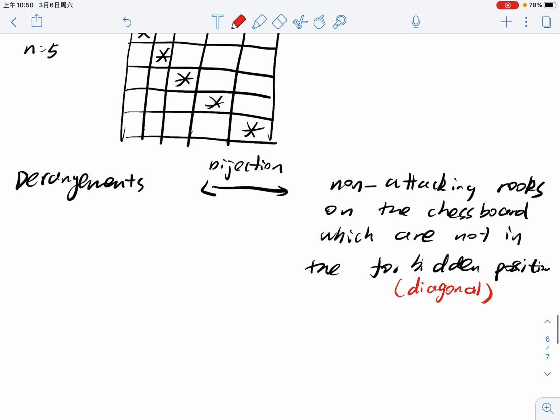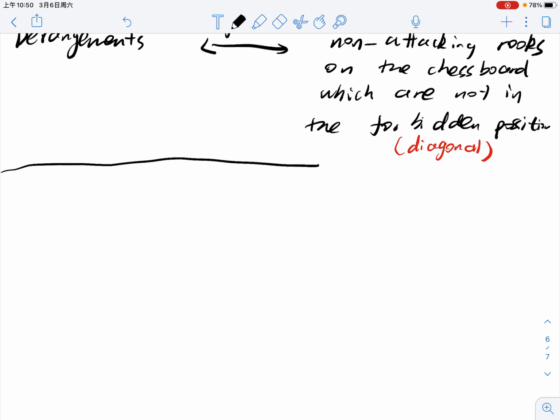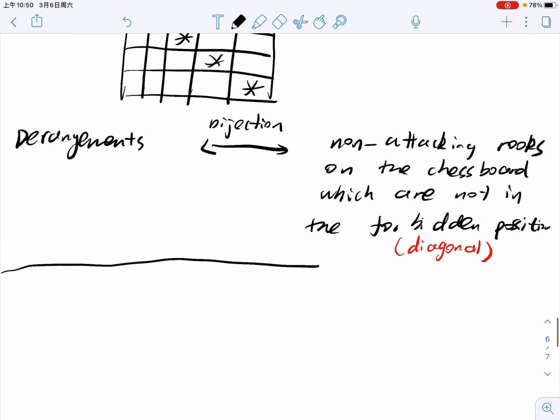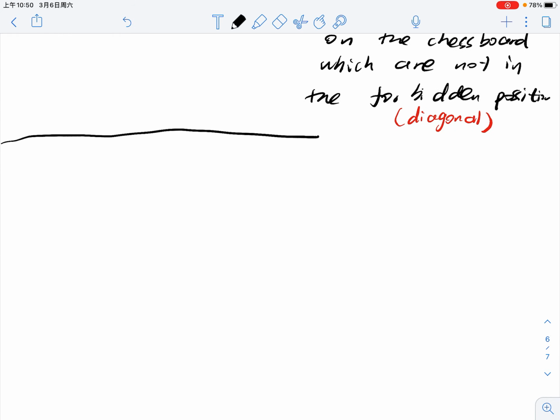As soon as you have this nice interpretation, then you can easily generalize it. Why should you put the forbidden position only in the diagonal? Of course, you can put it in some other places.